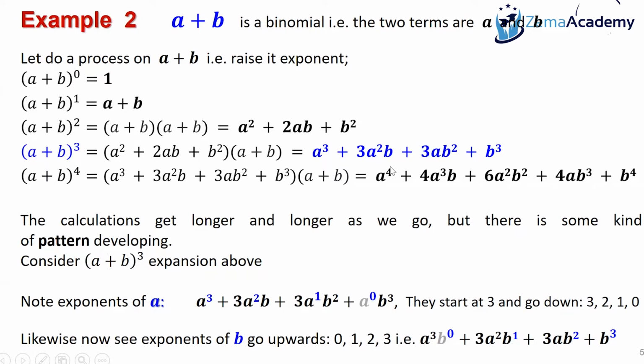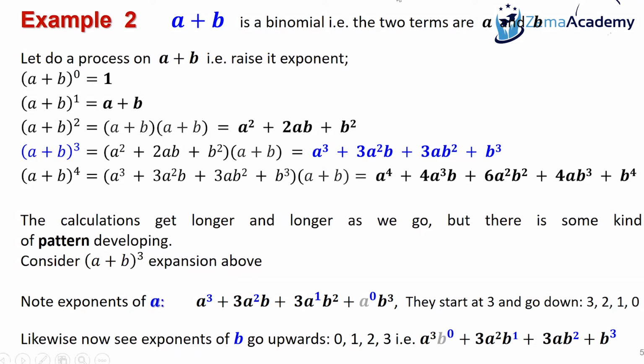Again, either you multiply a plus b, a plus b, a plus b, a plus b, or if you know the formula, then you can directly write out this. Okay, so there are 2 ways. Either you use the formula, if you remember that, or you start multiplying the term bracket. But here also, as you will see, the calculation gets longer and longer as we go.